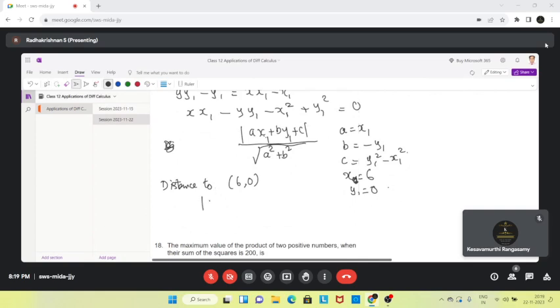Okay, now b is minus y1, so minus y1 square, plus c, divided by square root of a square plus b square. Wherever English can be used, use English.